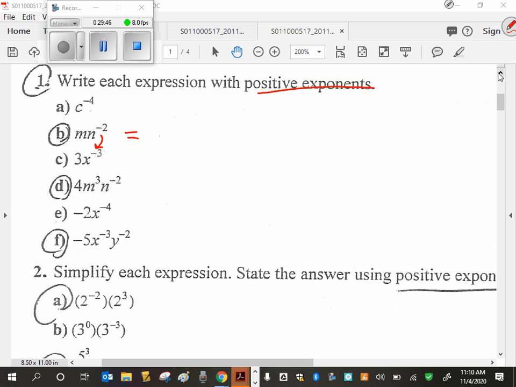So you keep the positive exponent as is, and the negative exponent just moves to the denominator and you make it positive. You don't have to do it unless I say positive exponents. Or if this is your answer and it's not in multiple choice, then you're going to have to realize that the multiple choice answers have positive exponents. So this is a skill you need to have.